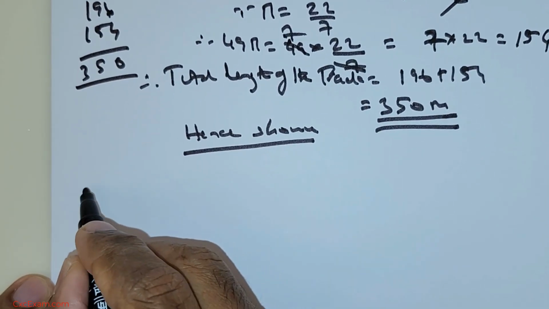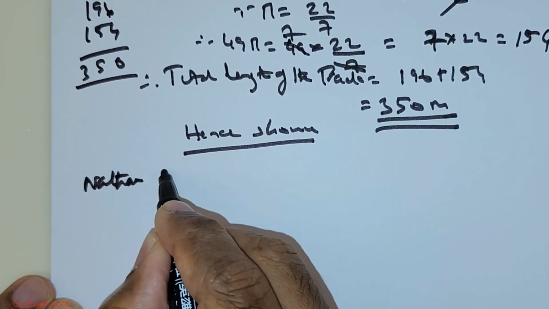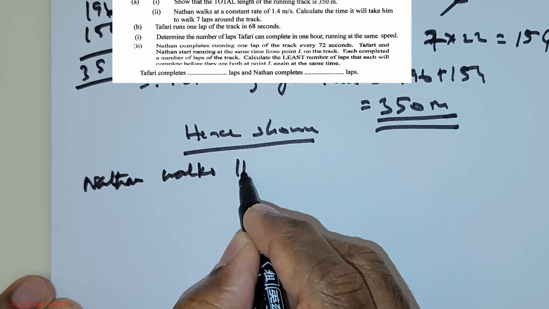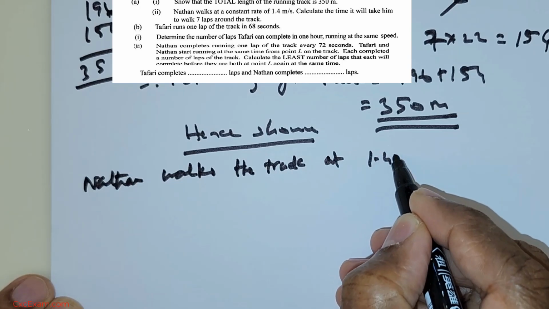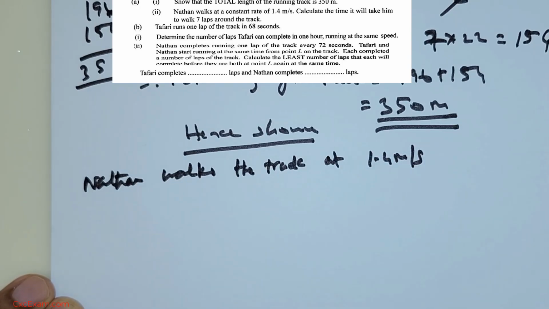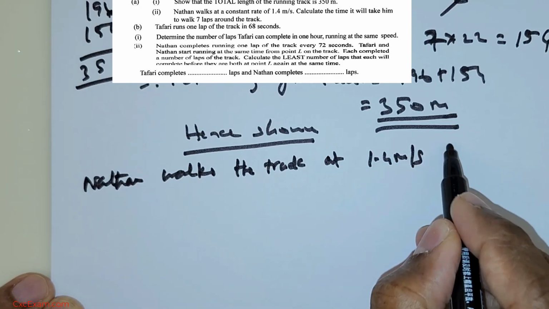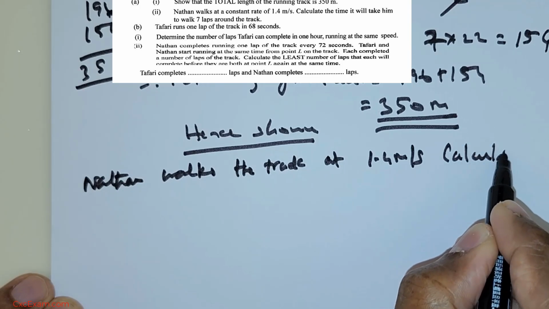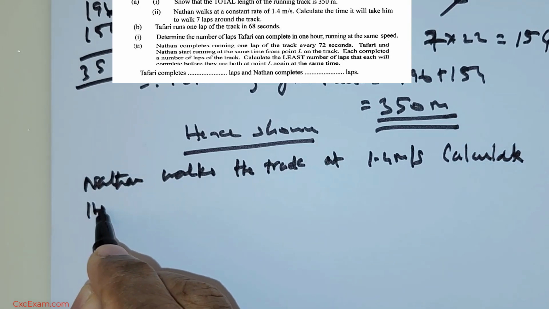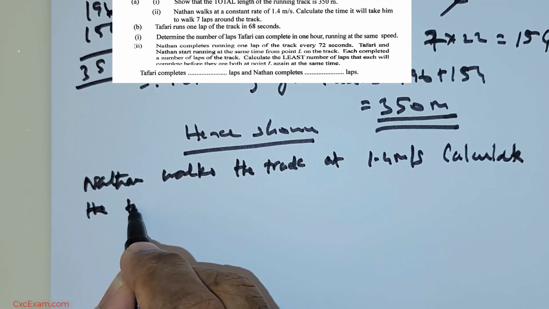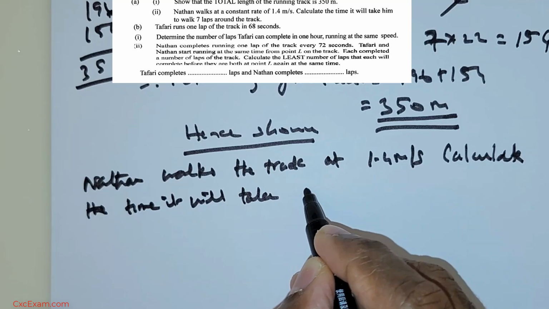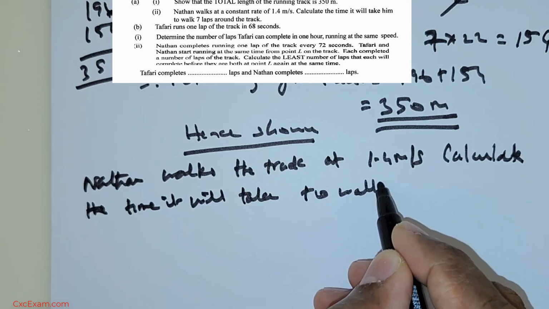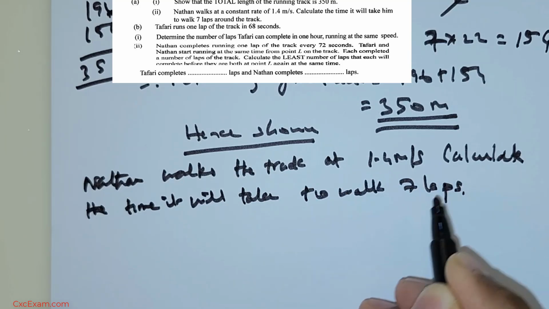Now this is the next question. It says that Nathan walks the track at 1.4 meters per second. So this is the rate he is walking. We are asked to calculate the time it will take to walk 7 laps.